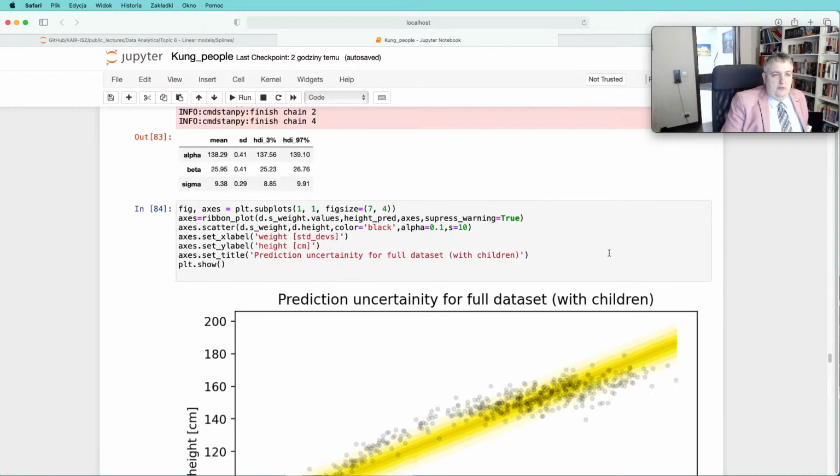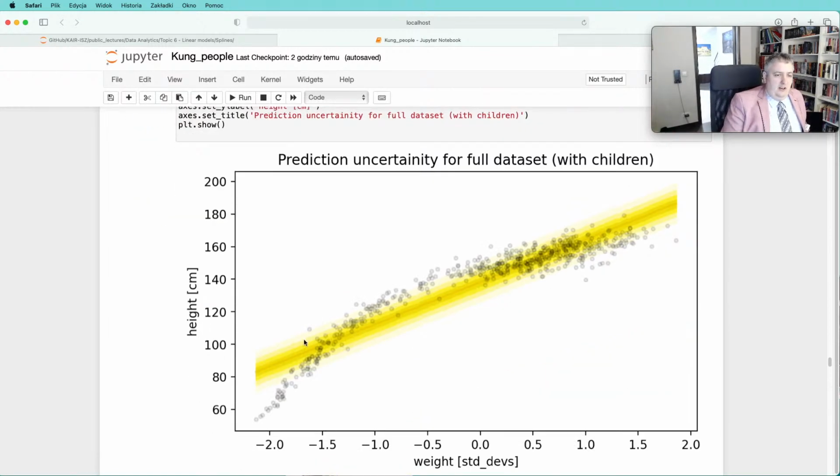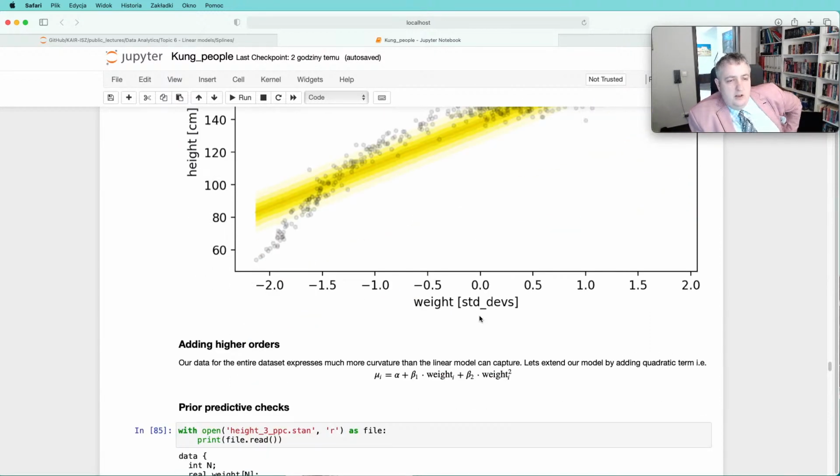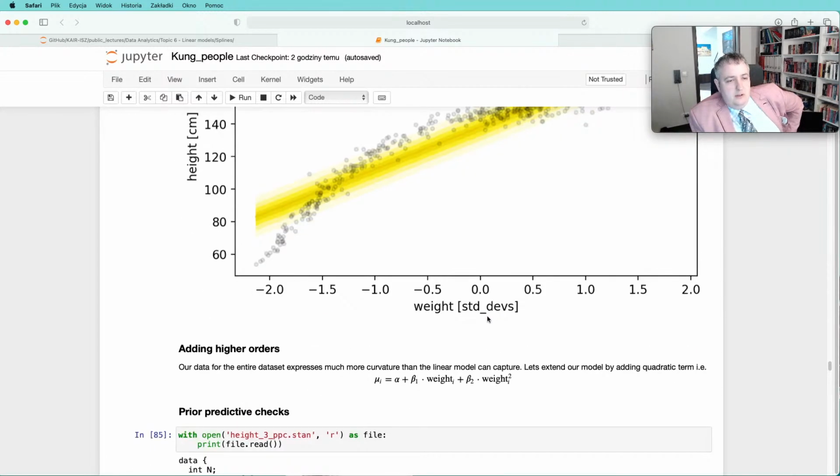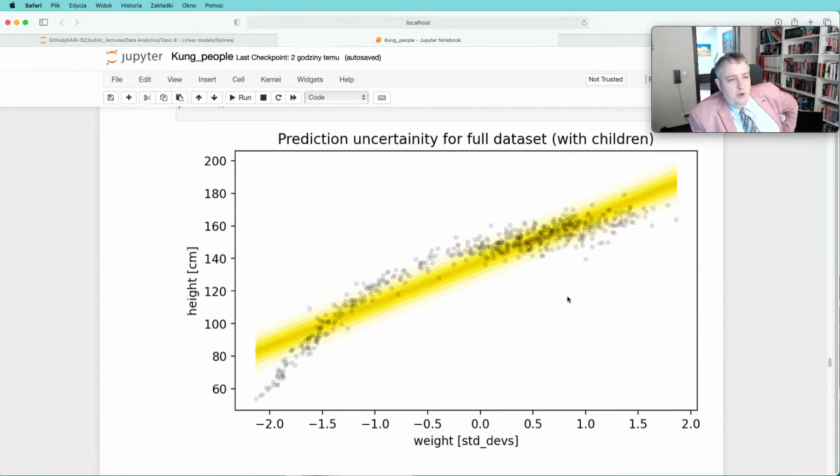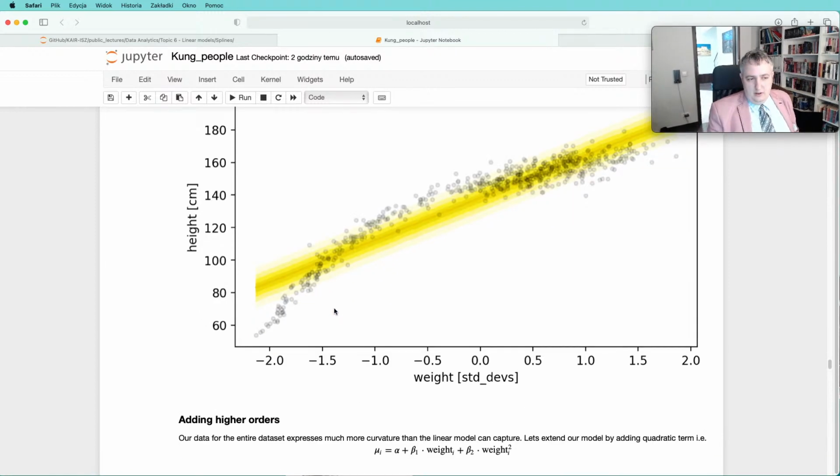This model with newly estimated parameters cannot capture the behavior of small weight people, who are well below the mean of the population. Here we have a spread between -2 and 2 sigmas, and we can see what's going on with the height.